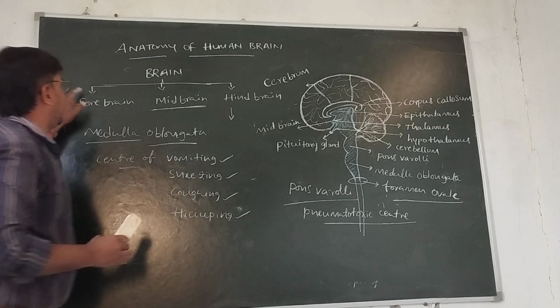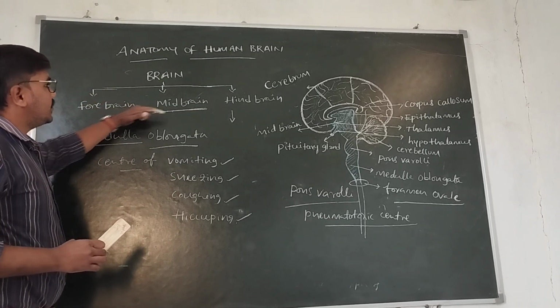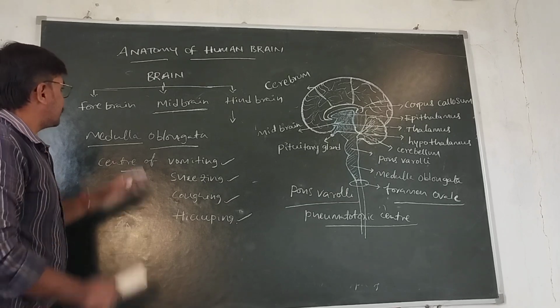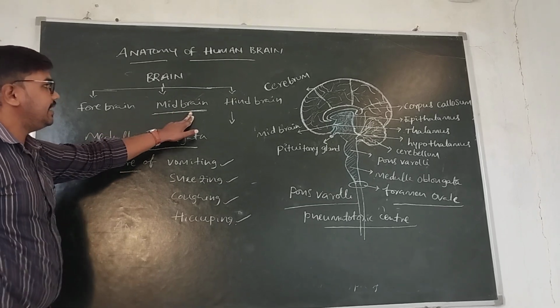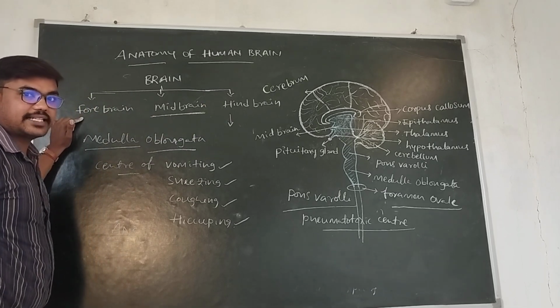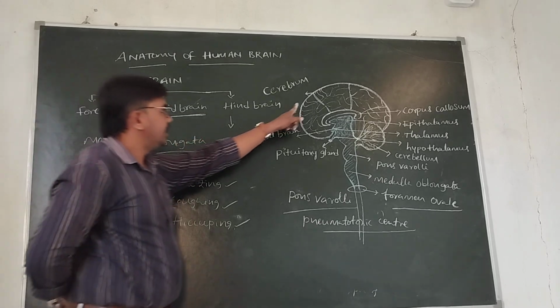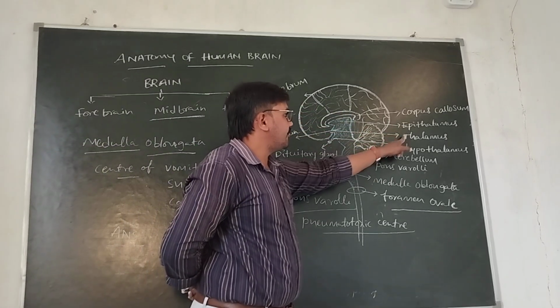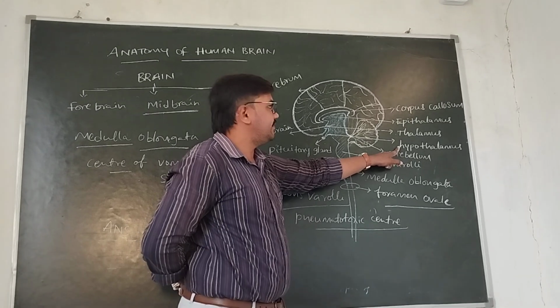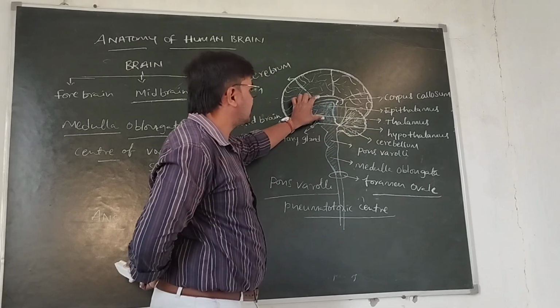So here the topic is the anatomy of the human brain. The brain is divided into three parts: forebrain, midbrain, and hindbrain. The forebrain consists of the olfactory lobe, cerebrum and diencephalon. The diencephalon is again divided into epithalamus, thalamus and hypothalamus.